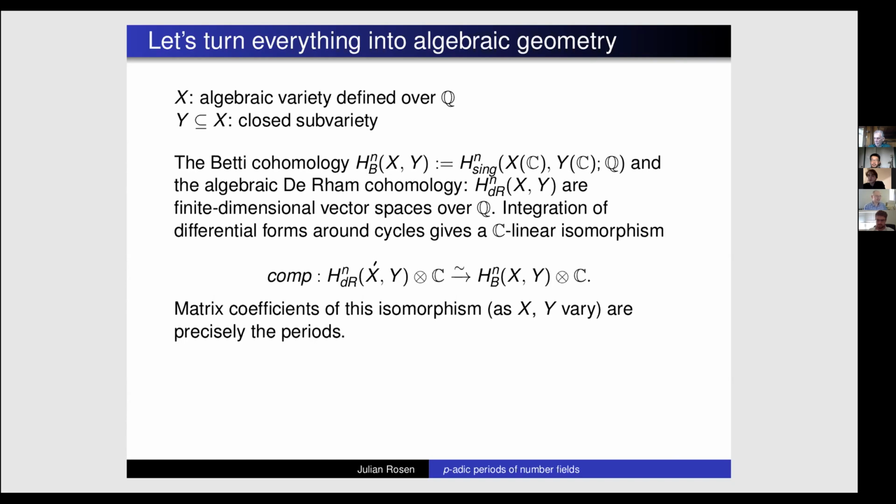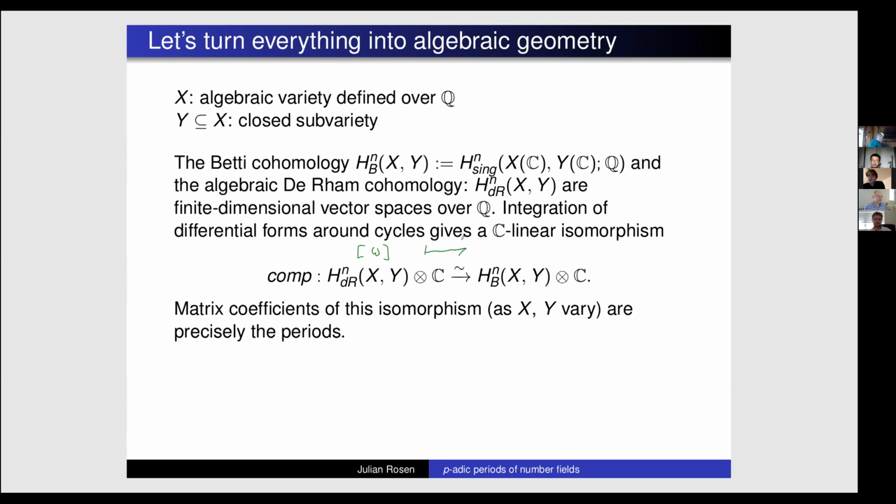Let me say briefly how you should think about this isomorphism. You should think of a de Rham cohomology class in H^n as being represented by an n-form omega, a differential n-form defined over Q. This isn't quite accurate. If X is affine, every cohomology class is actually represented by an honest form. Not true if X is not affine.